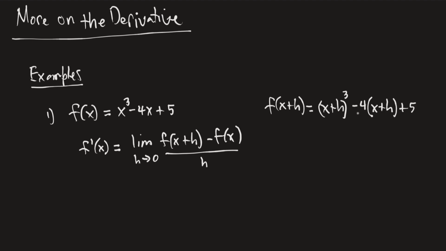So the thing that makes this a little bit more tedious is expanding this binomial, because now the exponent is a 3. So let me maybe go up here. Just looking at this, x plus h cubed, by definition, is x plus h times x plus h times x plus h.